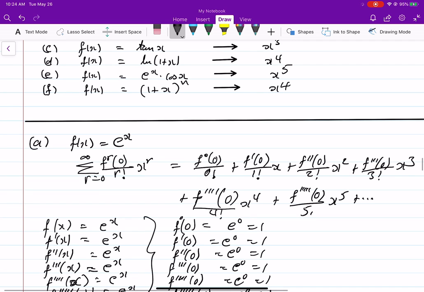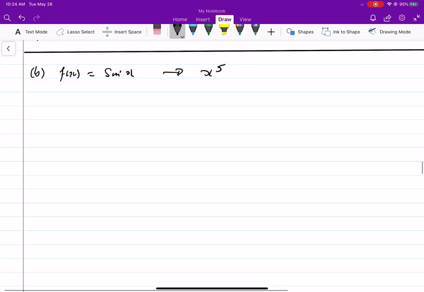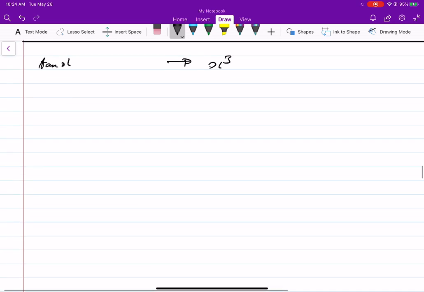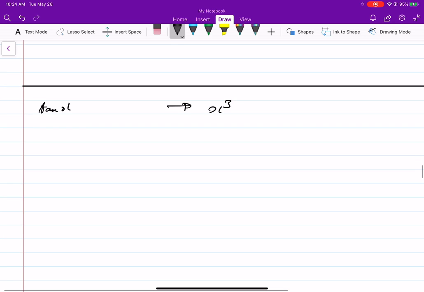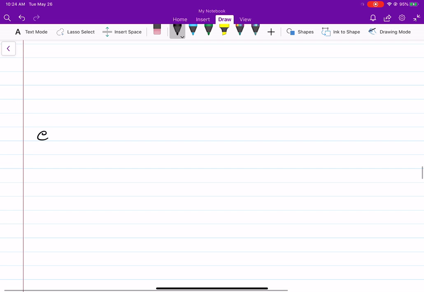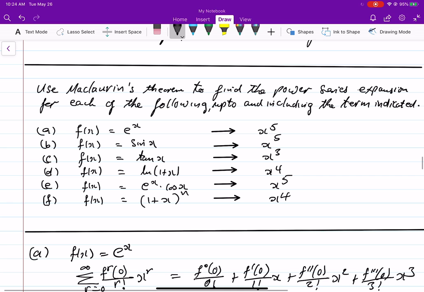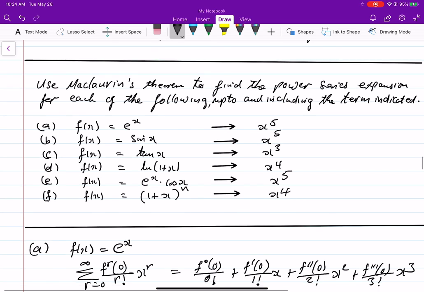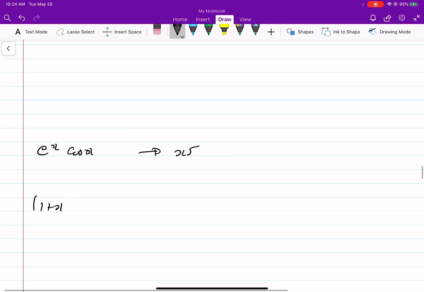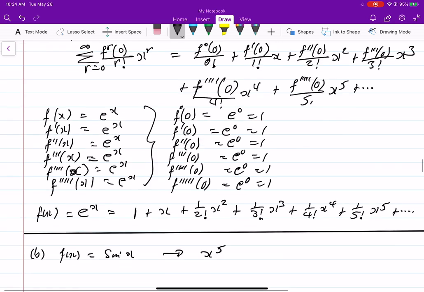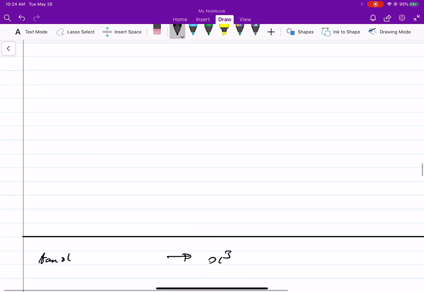E to the x times cos x up to x to the fifth. And what's the other one after that? 1 plus x to the n, up to, I don't know what they said, x to the fifth or x to the fourth? X to the fourth.